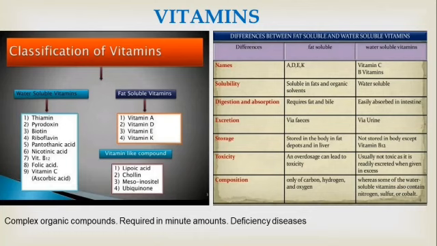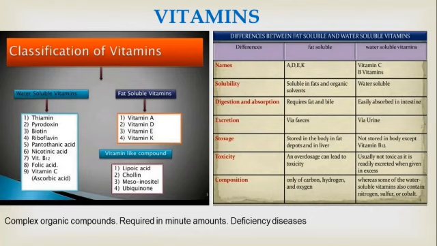We will take a fast comparison between both of them. Fat-soluble vitamins are soluble in fats and organic solvents, require fat and bile for digestion and absorption, are excreted through feces, and are stored in the body in fat deposits and the liver. An overdose of fat-soluble vitamins can lead to toxicity, and they are composed only of carbon, hydrogen, and oxygen.